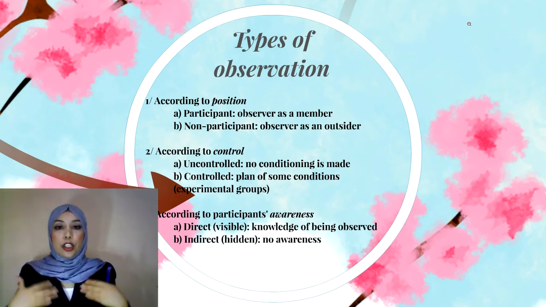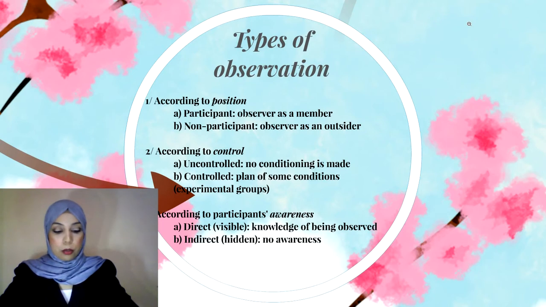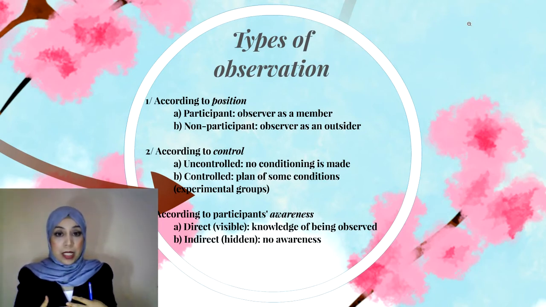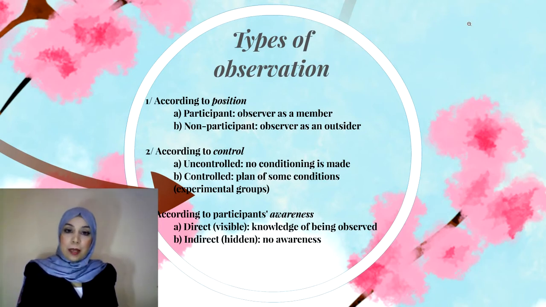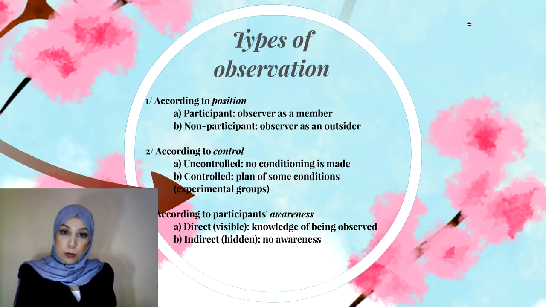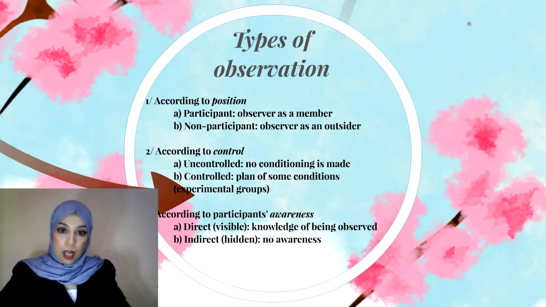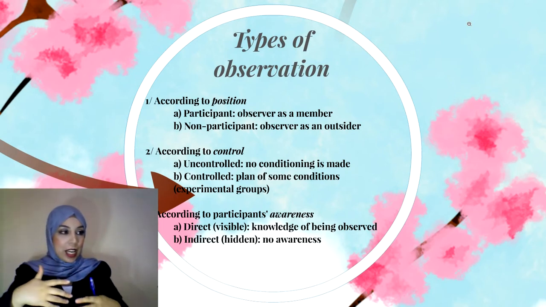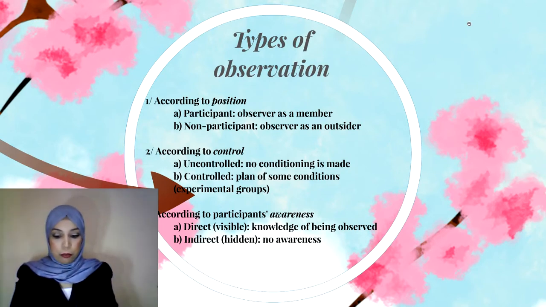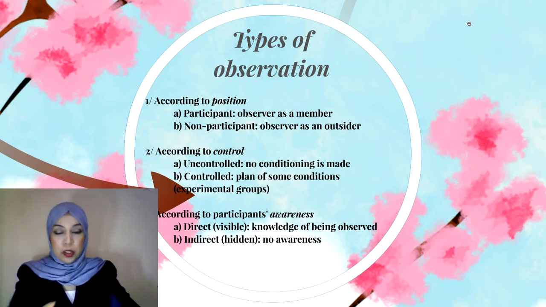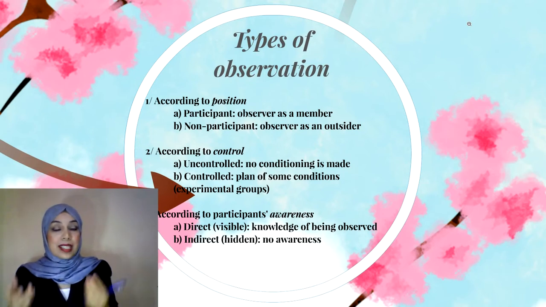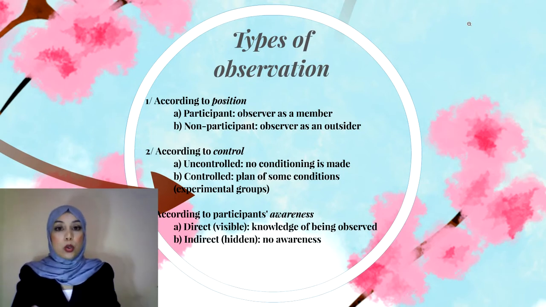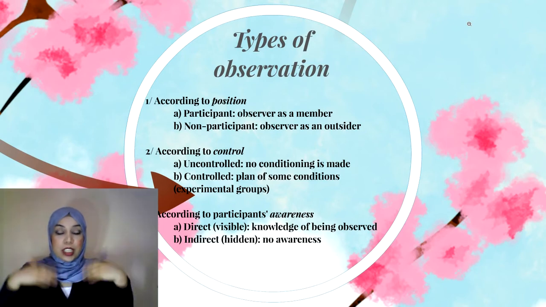So, in order to know more about the social reality of our participants, we can take part in the same society or community observed. That is, we can be a member of this society and observe and interact with them. If you are, for example, dealing with how people speak, you just take part in the community, you start speaking the language, you interact with people in order to understand not only the linguistic reality but also the social reality associated with this linguistic behavior.